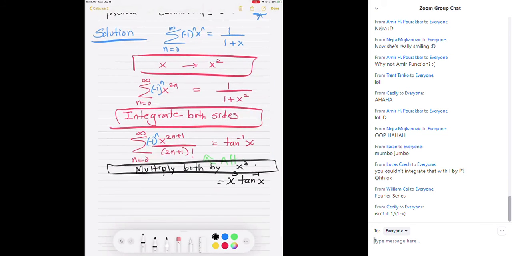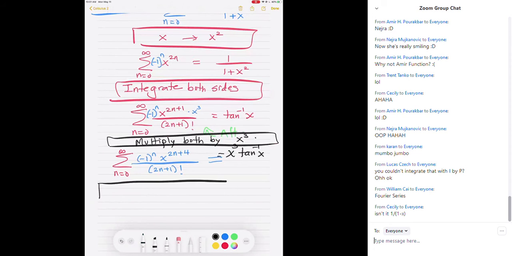So I get summation n equals 0 to infinity, negative 1 to the n, x to the 2n plus 4 over 2n plus 1 factorial, equals this, x cubed tan inverse x. Again, why x to the 4? Because you're multiplying by x cubed on both sides.